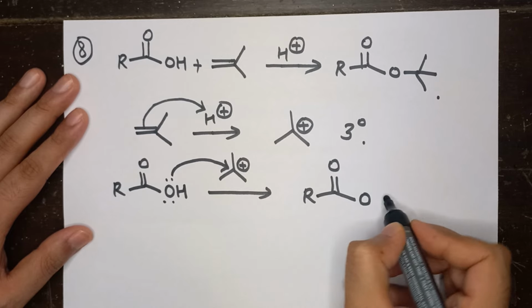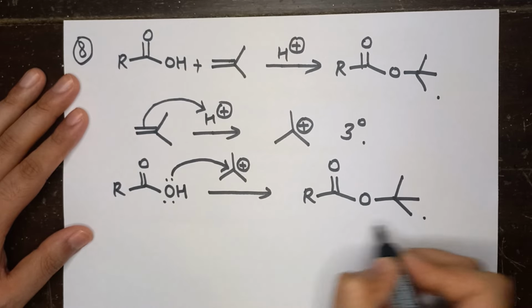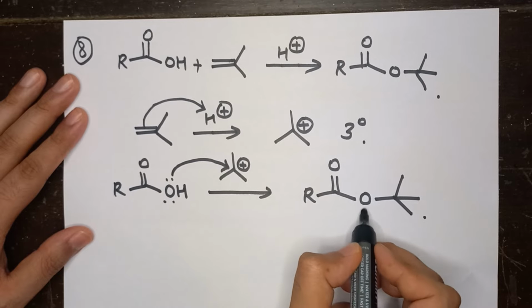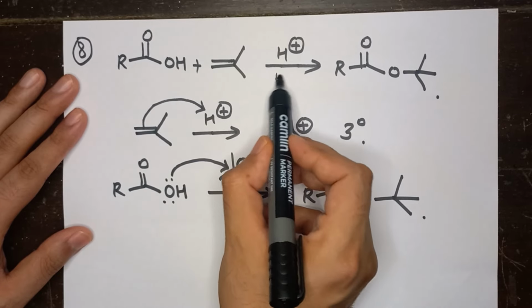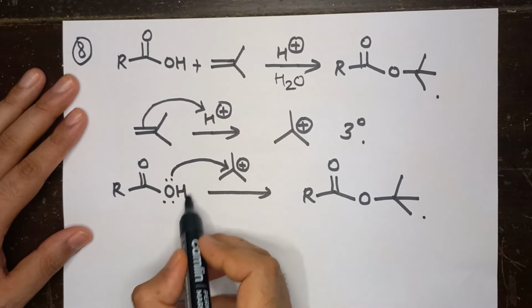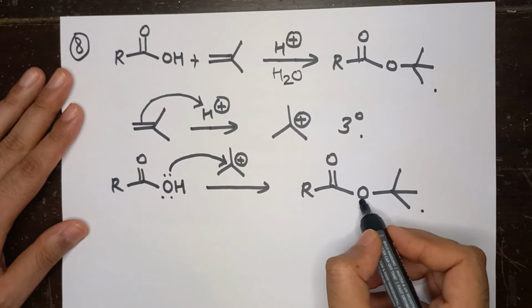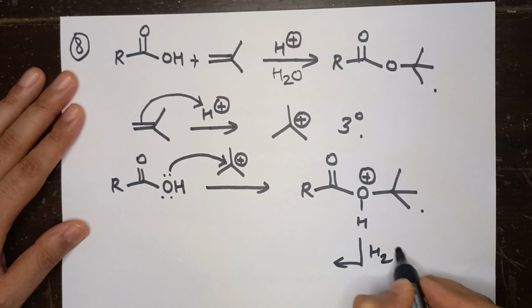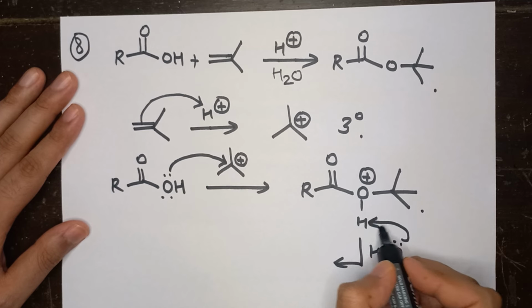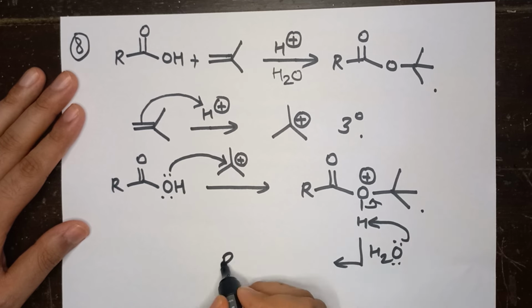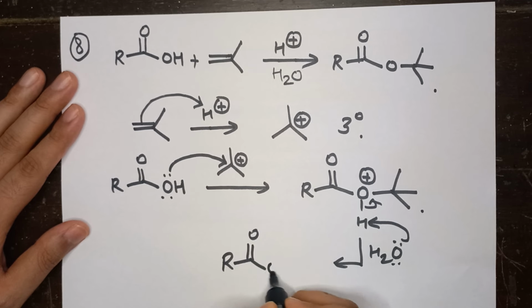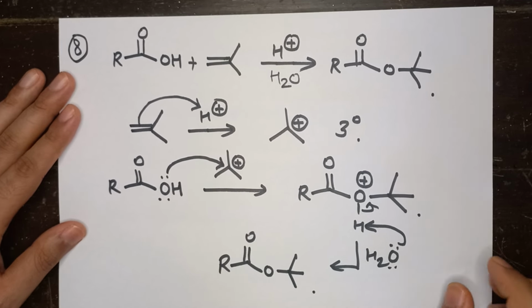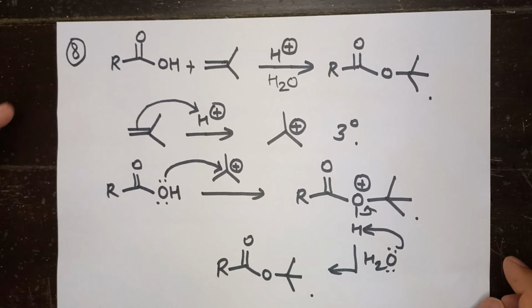And this is how this oxygen is bonded with this particular group. And later that hydrogen can be removed by water molecule present. So we have H plus here. Water can act as a base, can take away this proton, giving me the final product. So this is the another method for protection.